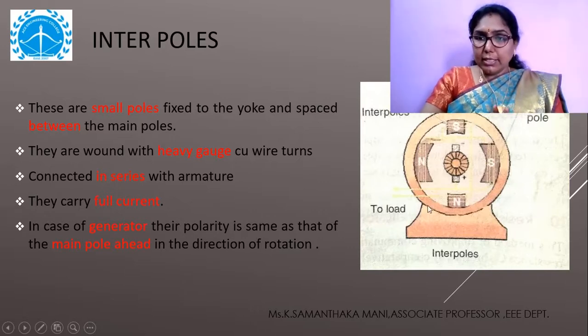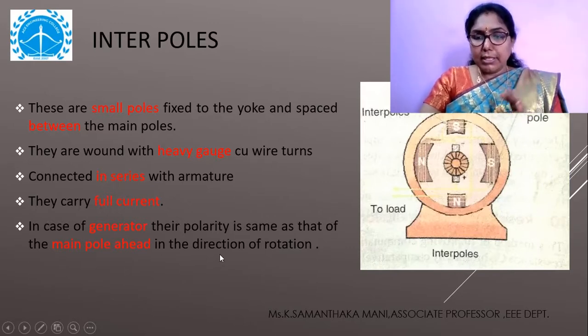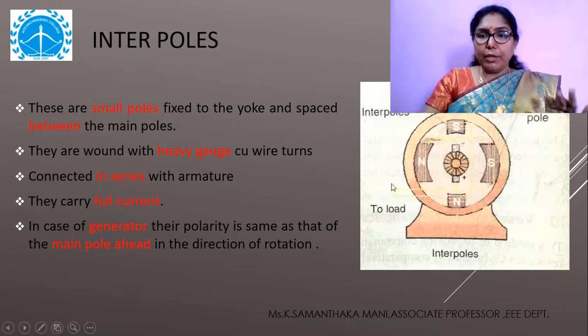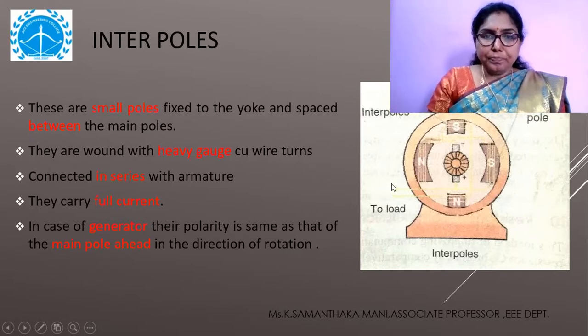This is only in the case of generators. It will be vice versa in the case of motors, which we are going to discuss in the second unit. But here, for a generator, the polarity of the interpole is the same as the main pole ahead in the direction of rotation of the armature. That point we need to remember.